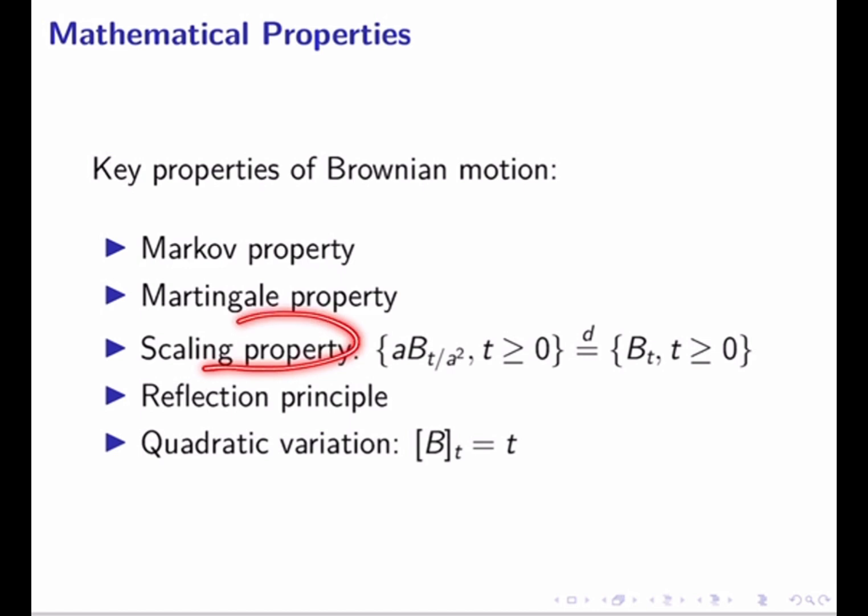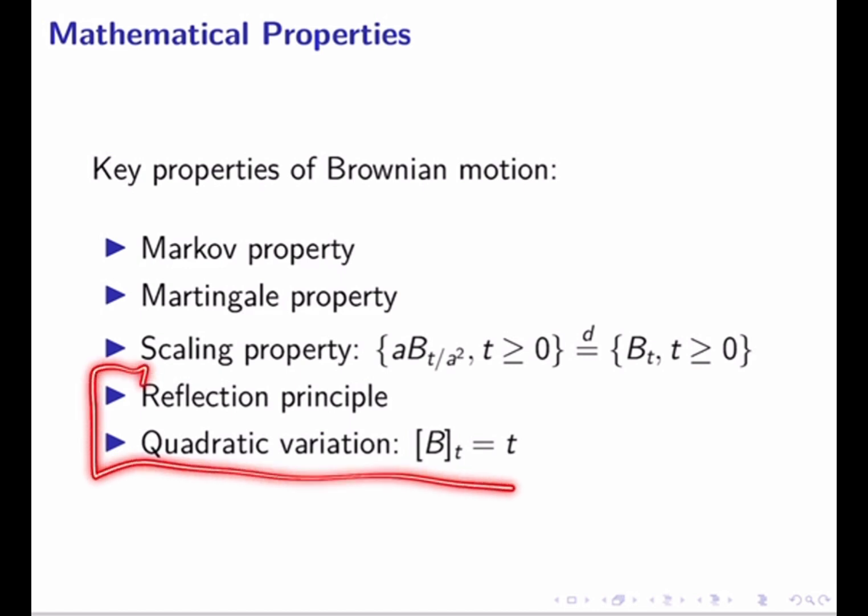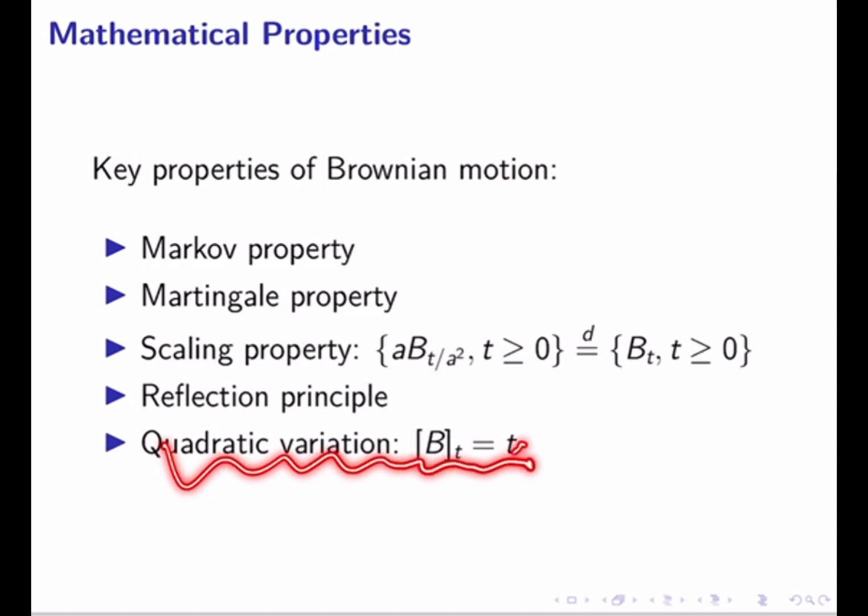The scaling property shows how Brownian motion looks statistically the same when we rescale both time and space appropriately. These properties make it a fundamental building block in stochastic calculus. Also, it satisfies the so-called reflection principle, and its quadratic variation up to time t is equal to t.